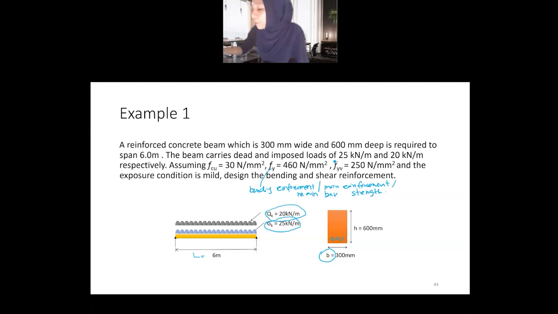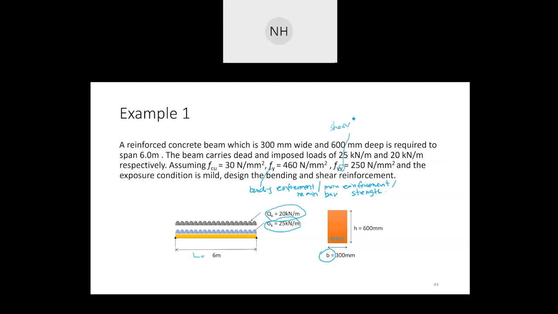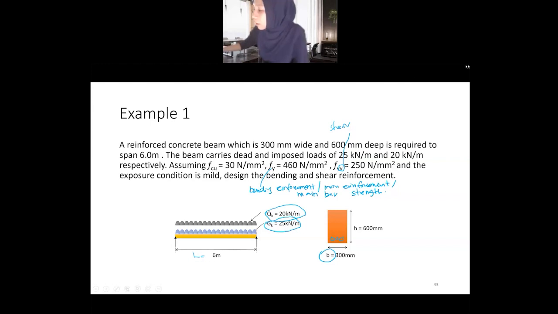And then we have fyv. In our previous class, I dah cakap v is for shear reinforcement. Okay, shear reinforcement atau link. Okay, v ni refer pada shear reinforcement atau link punya strength. Okay, the strength of this shear reinforcement atau link, and the exposure condition is mild.